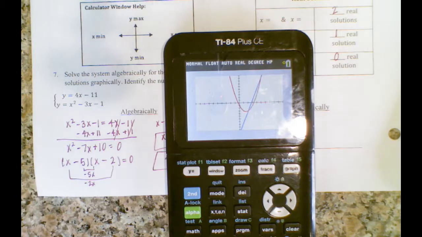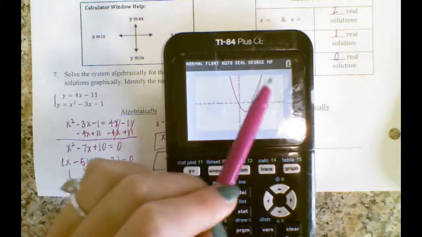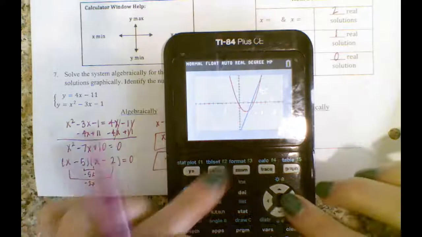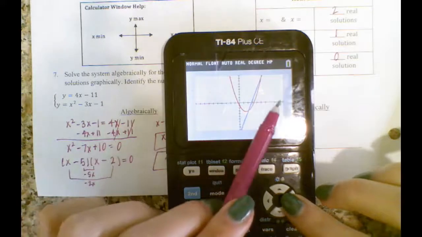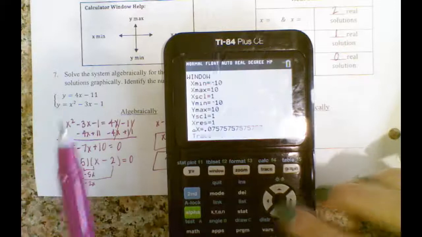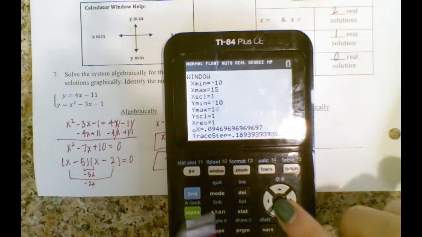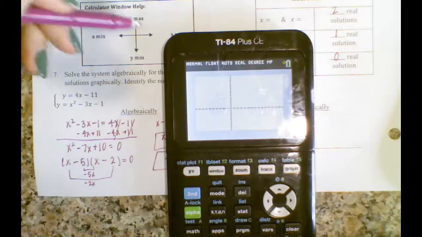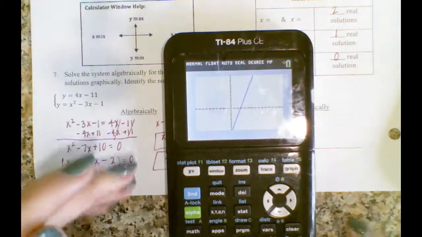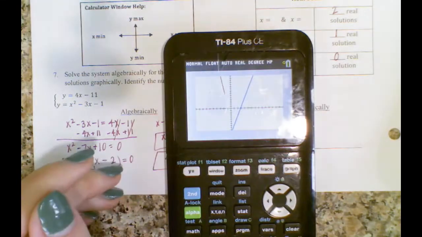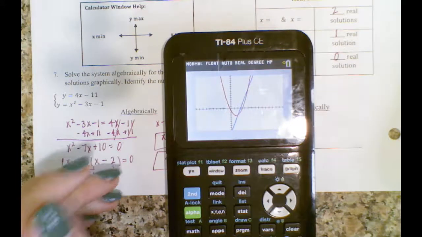Oh, awesome. It looks like they intersect again up here somewhere. So I'm going to go to my window and change my x max and my y max a little bit. I'm going to make my x max 15 and my y max 15 as well, so I want to see that top right corner. There we go. That's better.